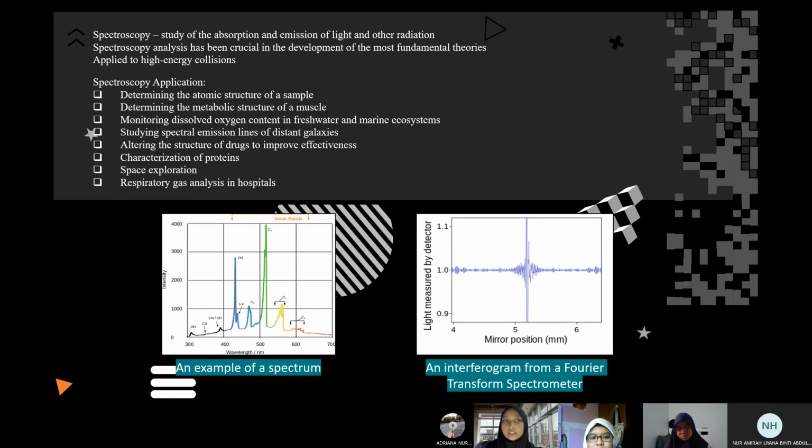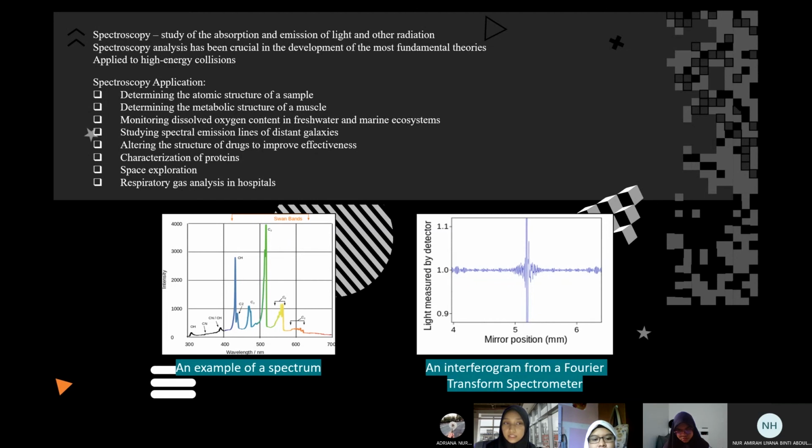So what is spectroscopy? Spectroscopy is the study of the absorption and emission of light and other radiation, as related to the dependence of these processes on the wavelength of the radiation.